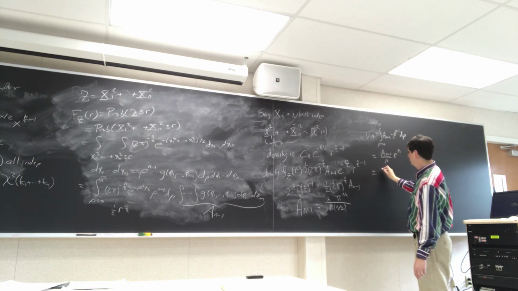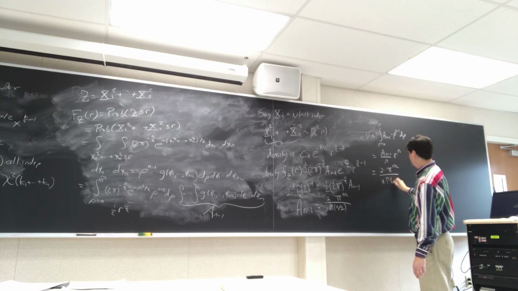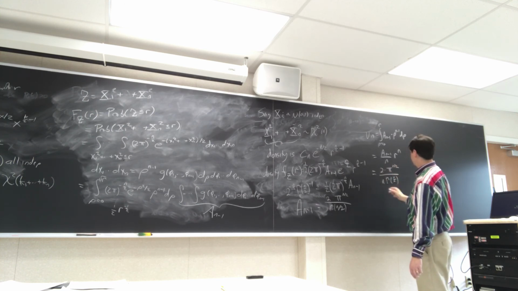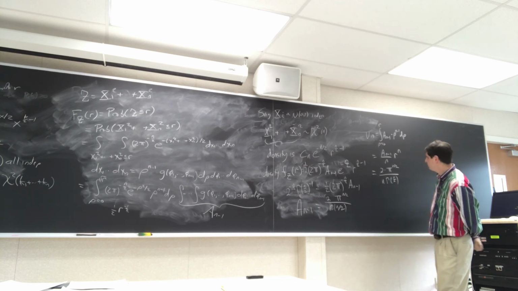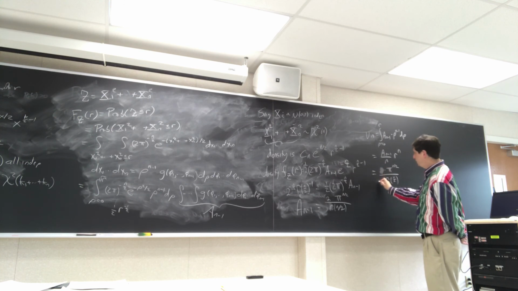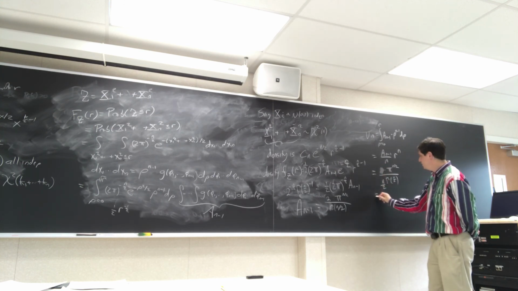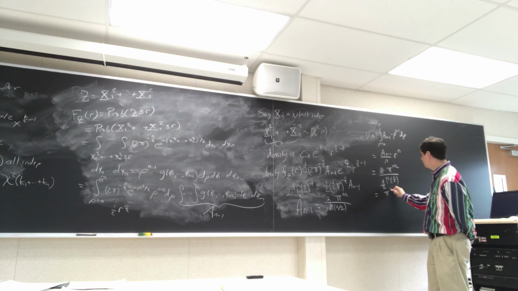So you would get 2 times pi to the n halves over n gamma of n halves. If I multiply by 1/2 over 1/2, I have n halves down here. And then if I use my functional equation for the gamma function, this just becomes gamma of n halves plus 1.